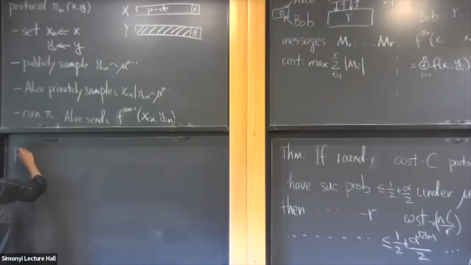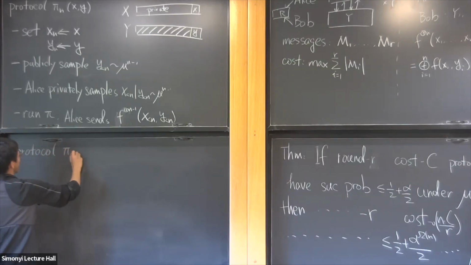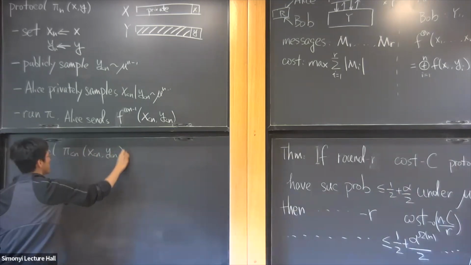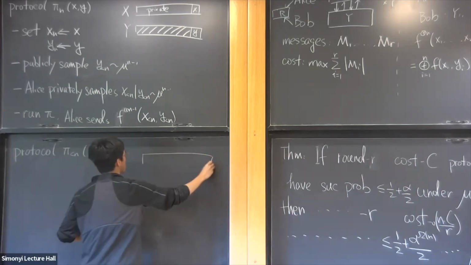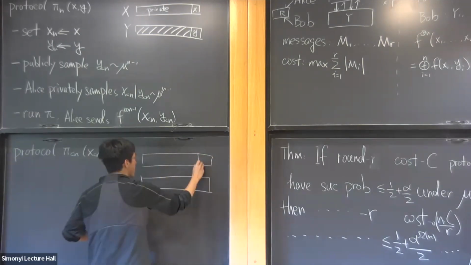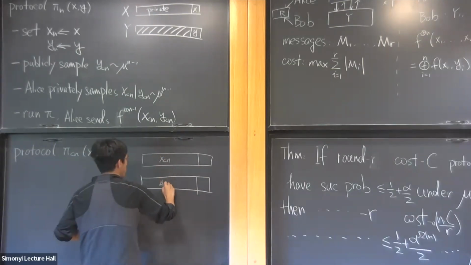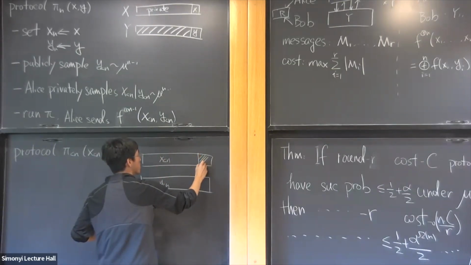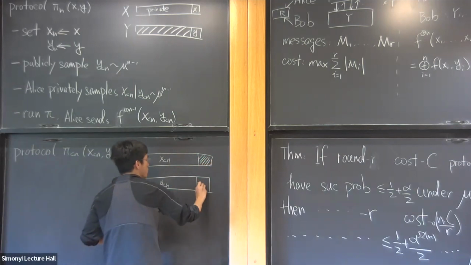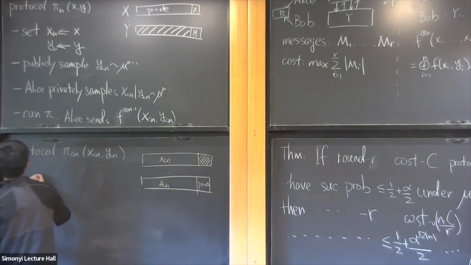And the other protocol is basically the same. And this time we'll embed the actual input into the first n-1 coordinates. And then we let the players publicly sample the last coordinate for x, and we let Bob privately sample the last coordinate of y, conditional on x.